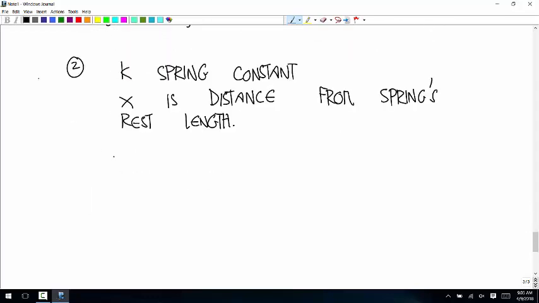Then the potential energy is equal to 1/2 K X squared.